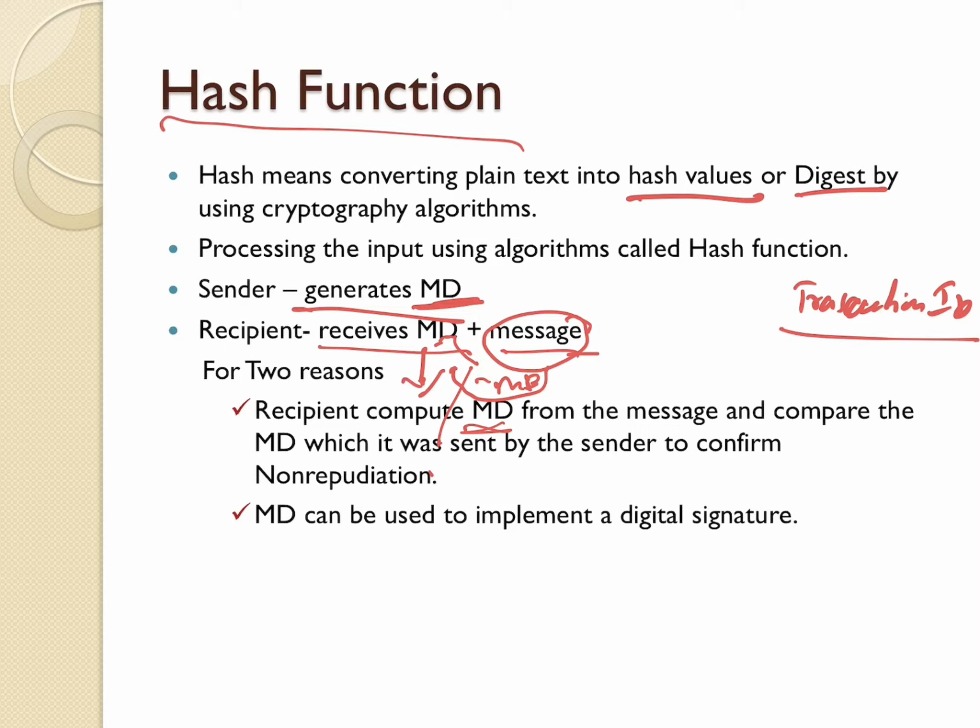This MD can be used to implement a digital signature. Why does he compare this MD, retrieved from the message, with the received MD? In order to confirm the sender, that is non-repudiation, and it also ensures authentication.